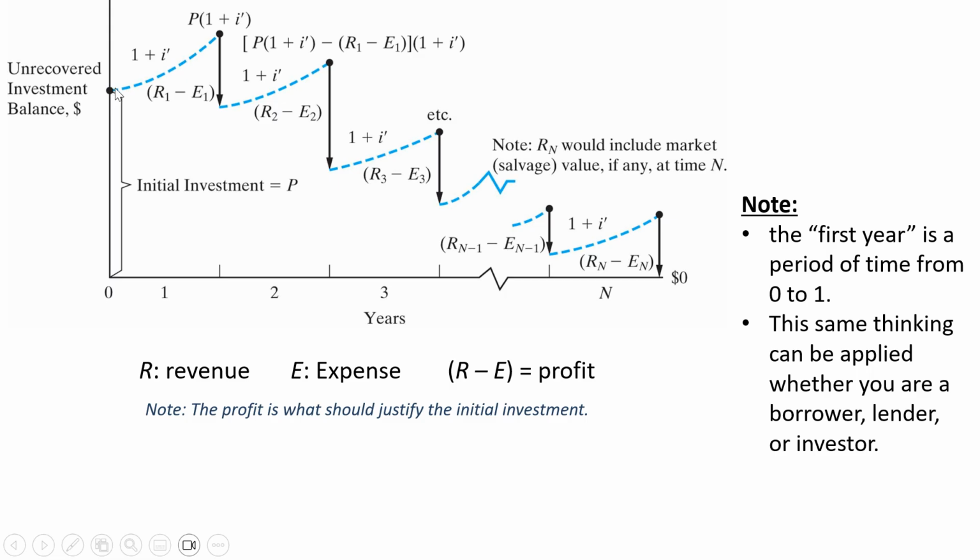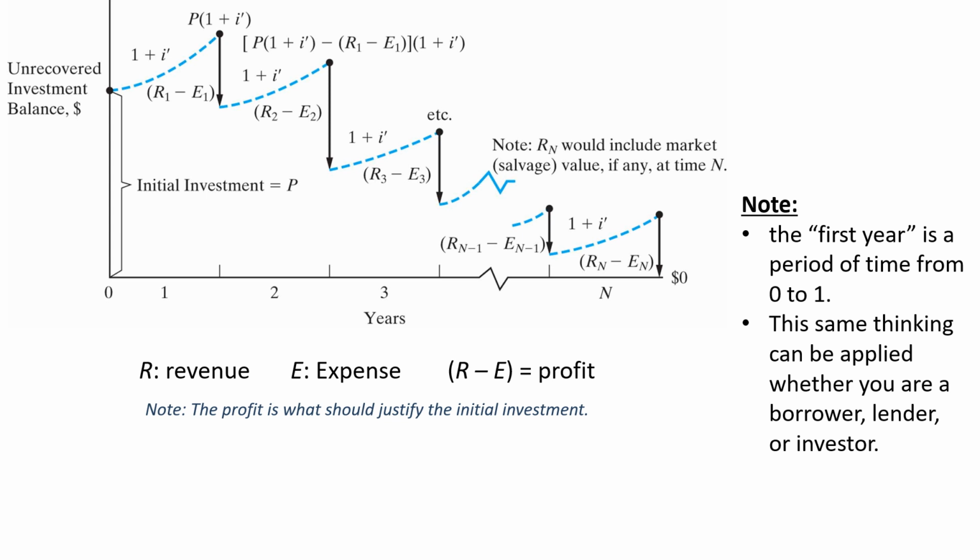Now look at what happens during the first year of operation. Here on the horizontal axis, it's saying year 1, year 2. So I want to first of all mention that here is time 0. Here is time 1. That tick mark, time 1, means after 1 year has elapsed. And so the numbering that they've got here is just saying the first year is from time 0 to 1.